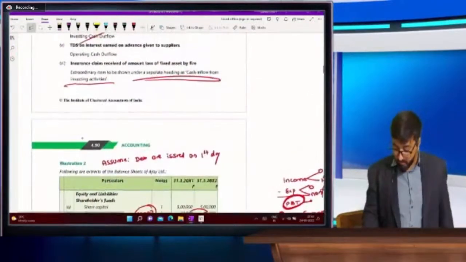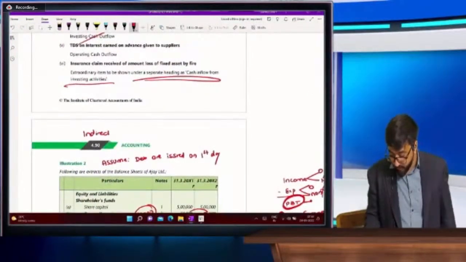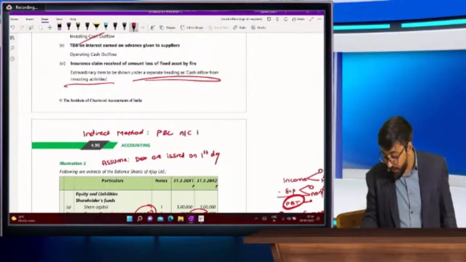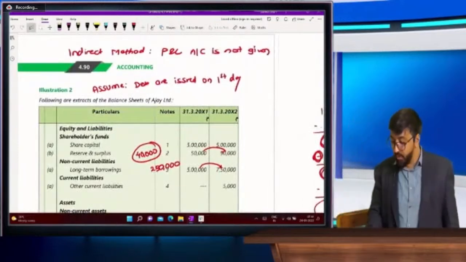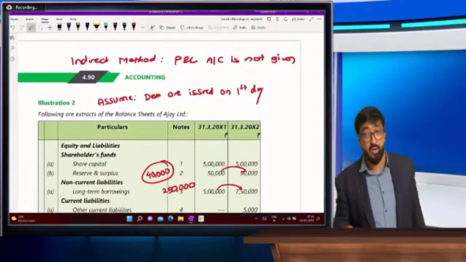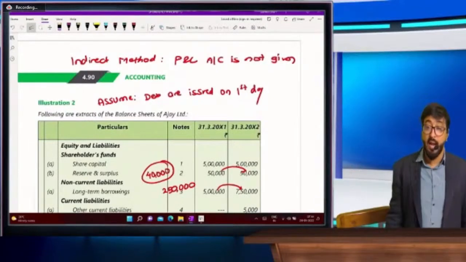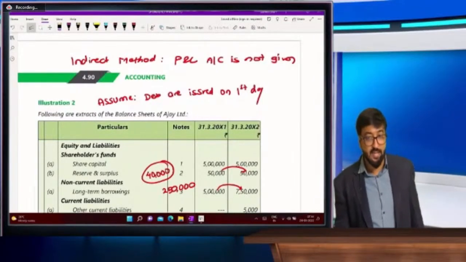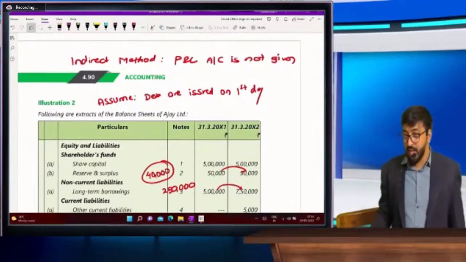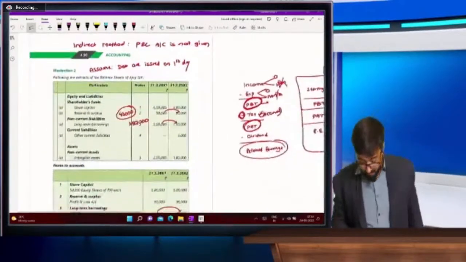So here, indirect method, reason: P&L account is not given. So you can write on the module, indirect method, P&L account is not given. And second one, assume debentures are issued on first day.